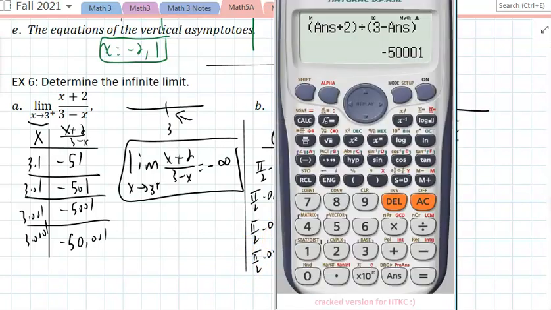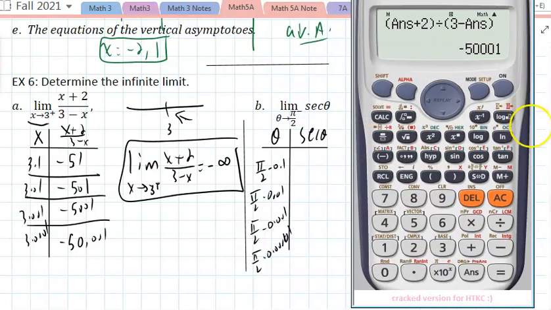So let's see how that works. I take pi divided by 2 minus 0.1. That works. Now, my function, there's no secant key. Make sure you are in radians.